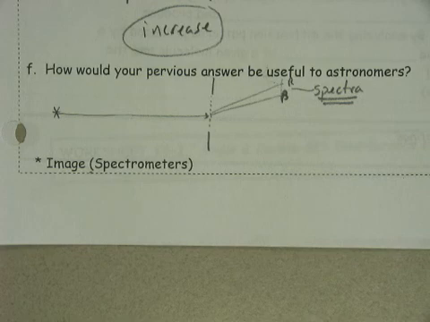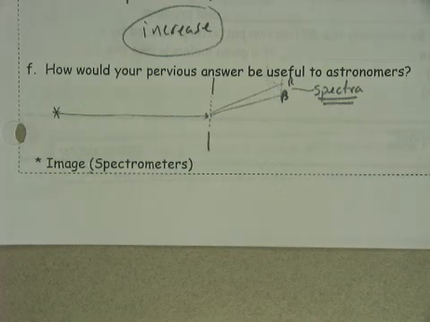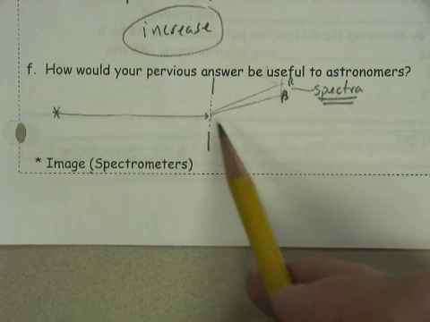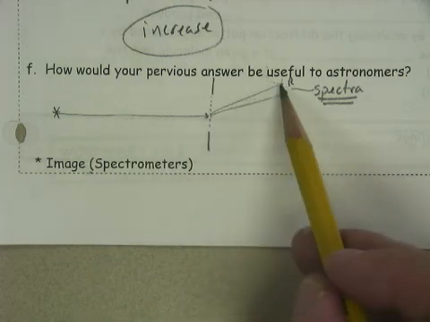And we talked about this last chapter. If we can spread that light out, then we can see all the individual lines inside the spectrum of a star, and then we can figure out what elements are in that star based upon the spectra. So basically, we use a diffraction grating to split the white light.